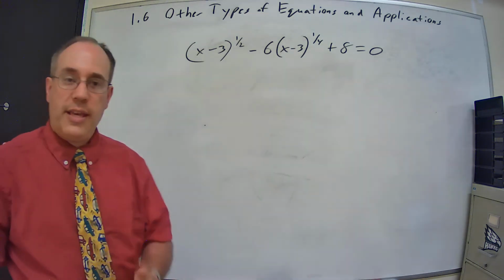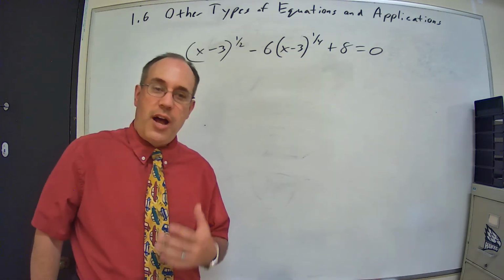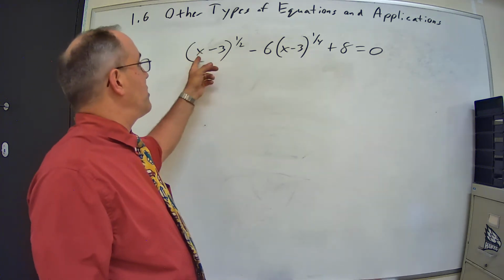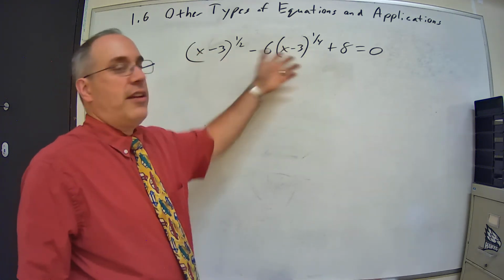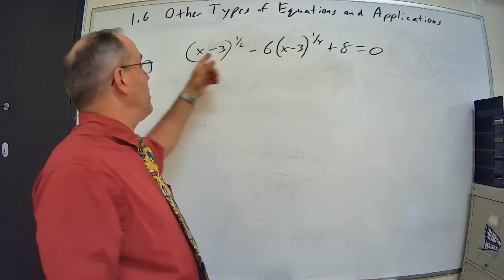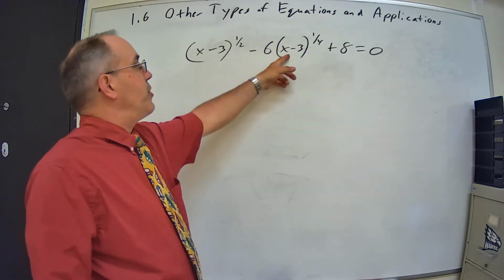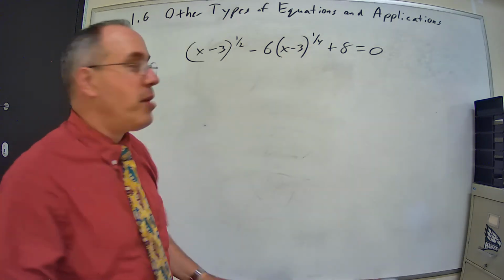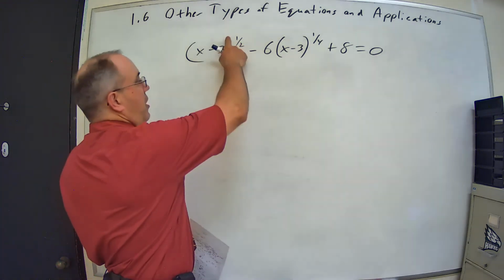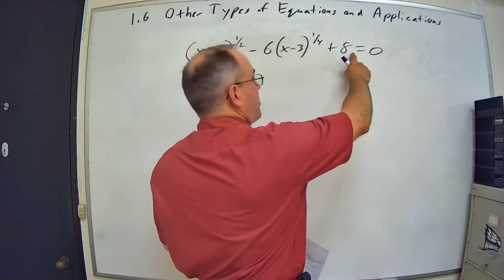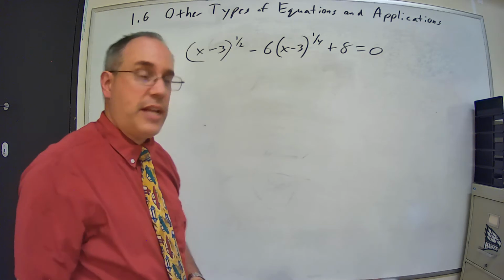Now, one of the key things that's going to tip us off that we need to do substitution is the fact that we're going to see some repeated monomial or polynomial, in this case x - 3, in both of these. So that means substitution, but we want to make this so that it's squared, to the 1, to the 0. See, there's no x - 3 there, so that's fine.